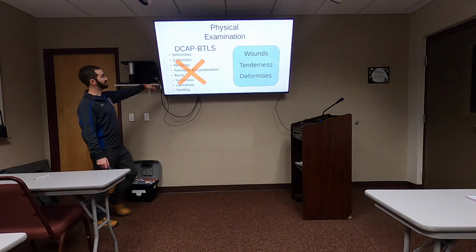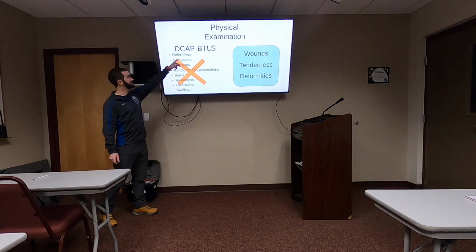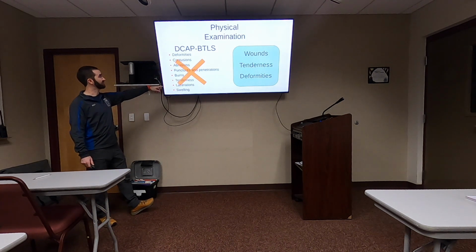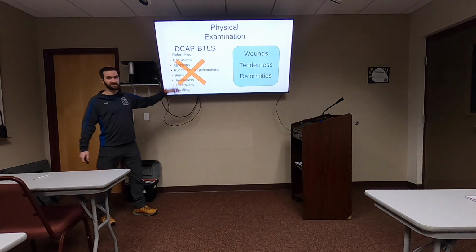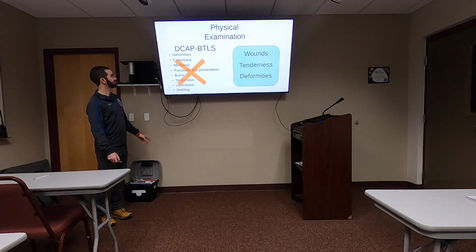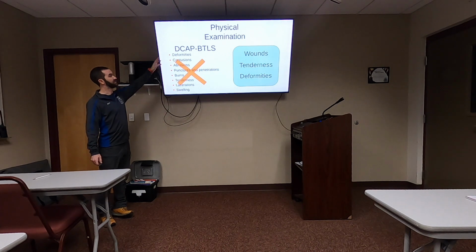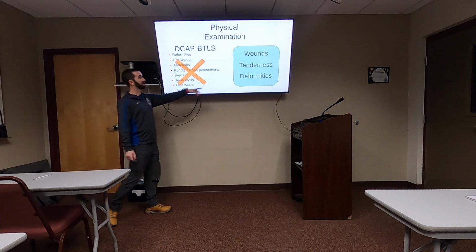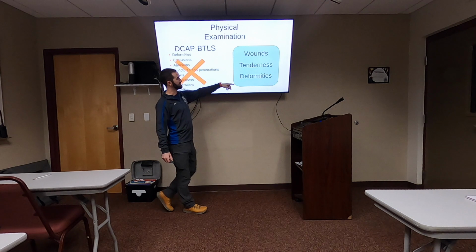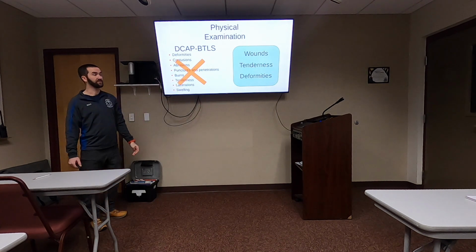So you'll still see this acronym out there sometimes, this DCAP BTLS stuff. It's kind of an overly cumbersome acronym that just means anything out of the normal. So I like this shorter one a little better: wounds, tenderness, deformities. That's what you're looking for.